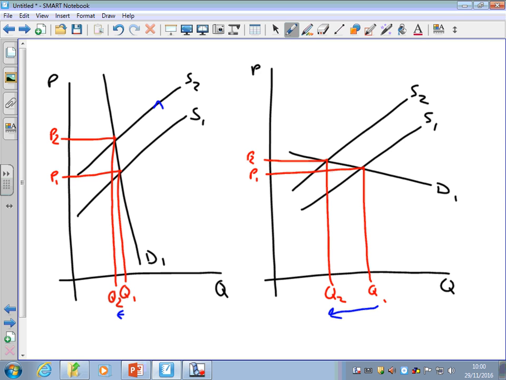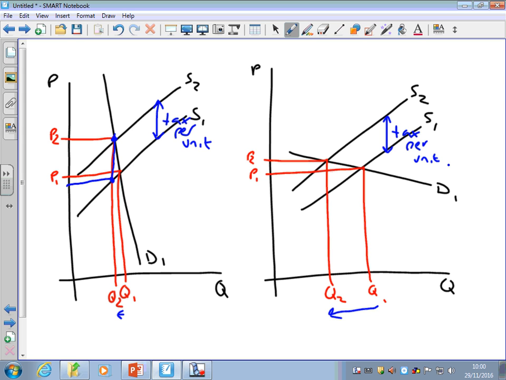And again, remember the vertical distance between the supply curves is the tax per unit. Remember, this is a specific tax. We've got this parallel shift. Now again, what you've got to do, you've got to work out, well, what's the tax revenue first of all. Original equilibrium point all the way down to the original supply, that's your tax per unit.